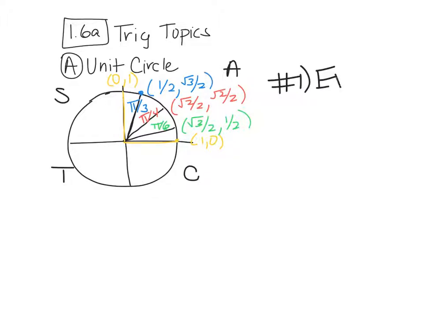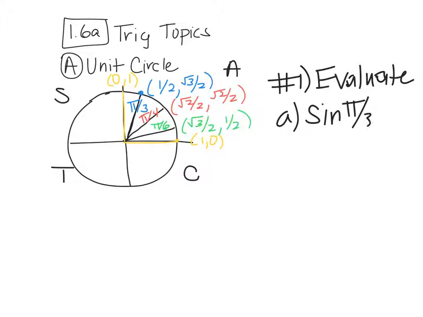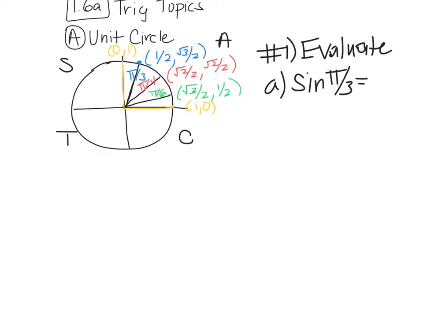evaluate. And maybe you don't need the unit circle, right? Maybe you evaluate. So let's say that you want to find the sine of pi over 3. All of your points up here are always cosine of theta, sine of theta.